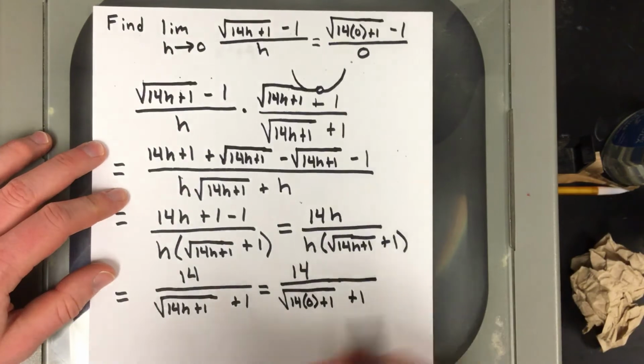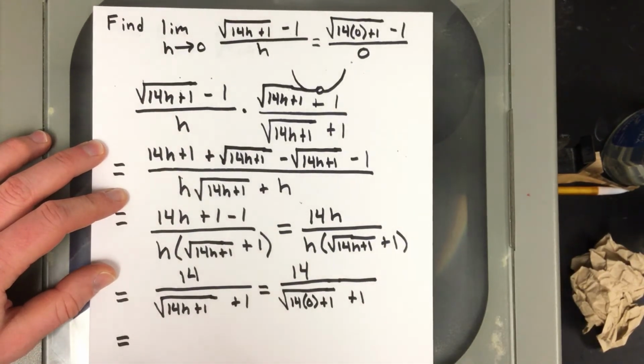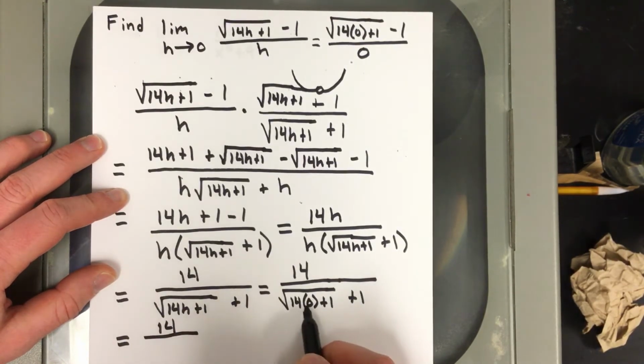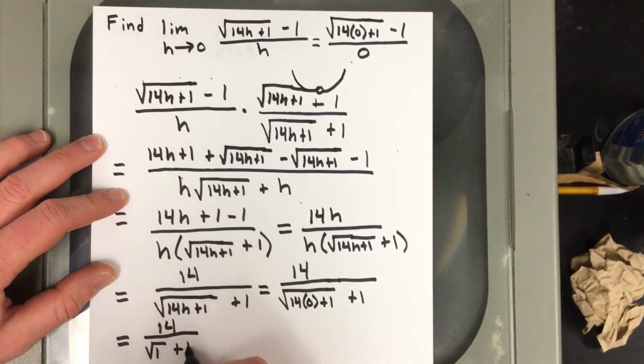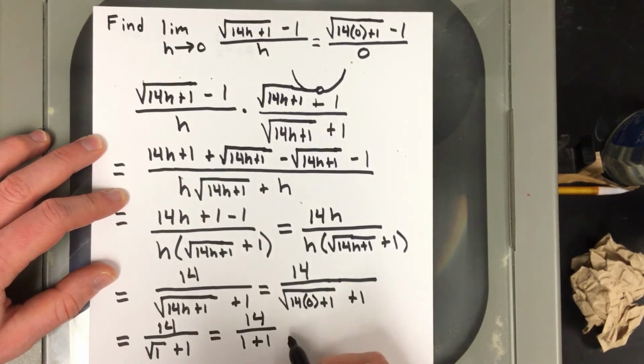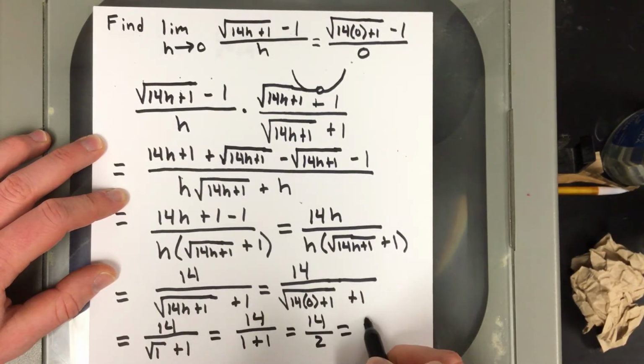That gives 14 over the square root of 1 plus 1, which equals 14 over 1 plus 1, which equals 14 over 2, which equals 7.